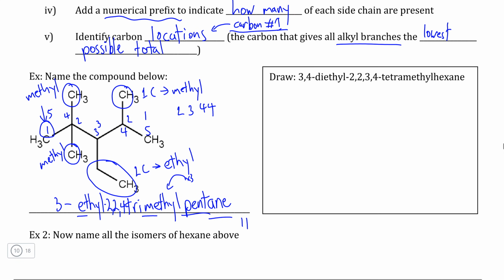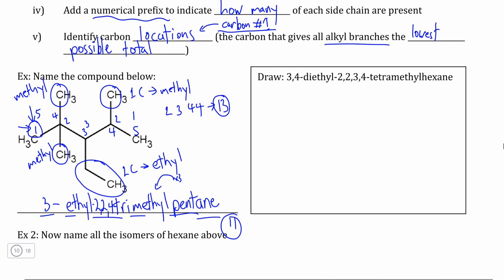So 4 plus 4 is 8, plus 3 is 11, plus 2 is 13. So if we were to put carbon 1 on the left-hand side, the total location number is lower than if we were to put carbon 1 on the other side, and that's how we determine that carbon 1 is here.